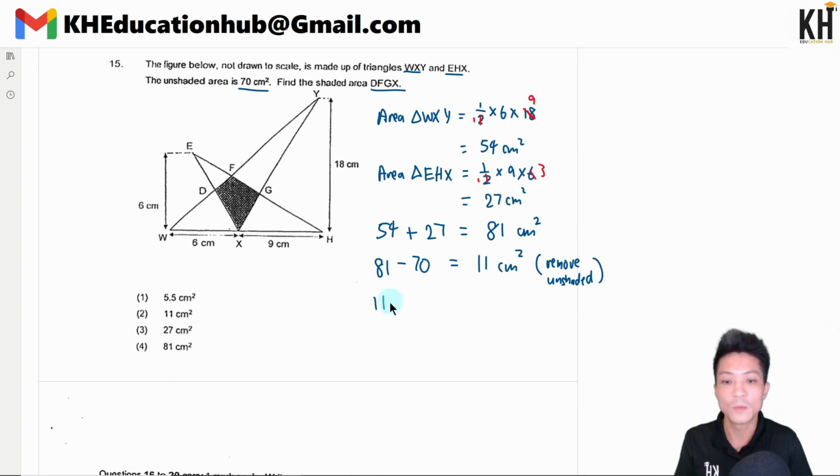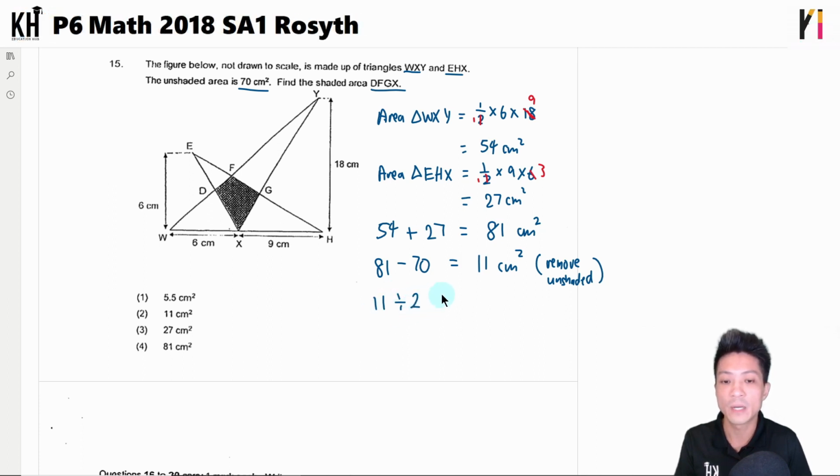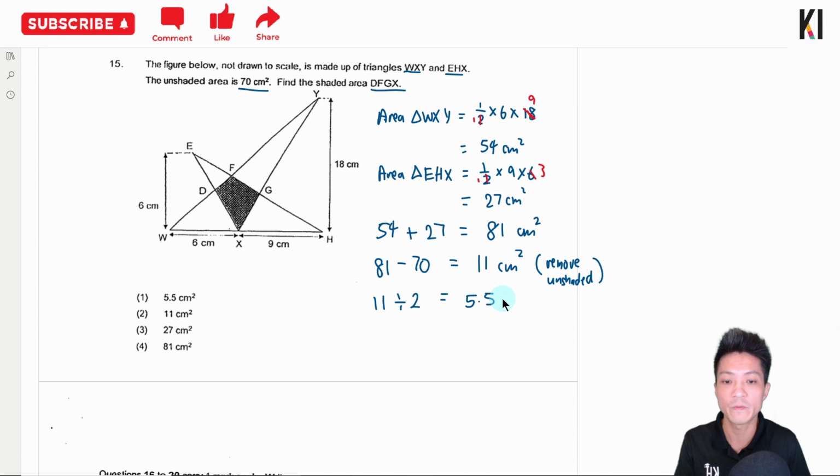So the last step will be to use 11 divided by 2. Remember, because the shaded area, when I do it this way, there are 2 overlapping layers. 11 divided by 2 will give me 5.5 square cm. So the answer will be number 1.